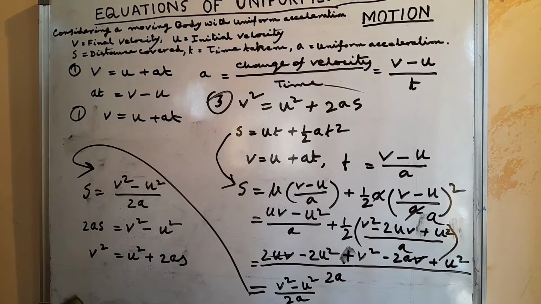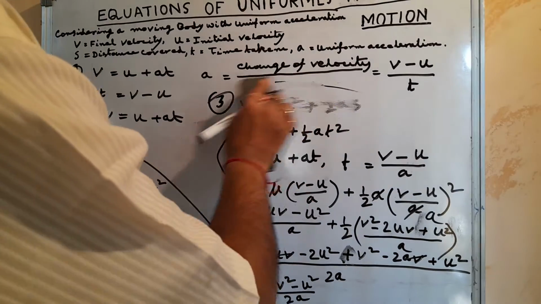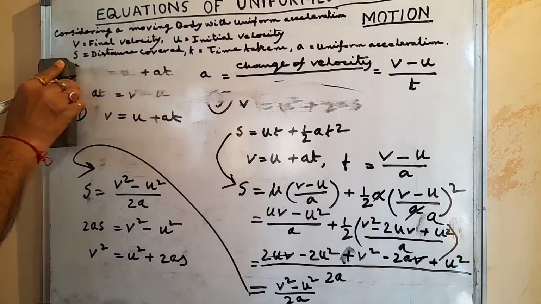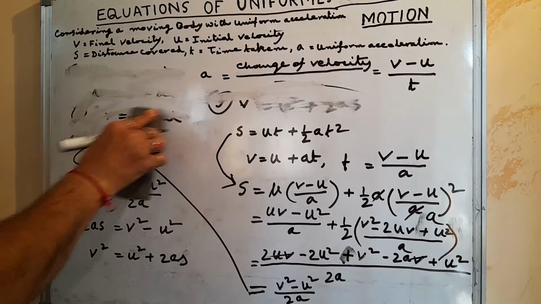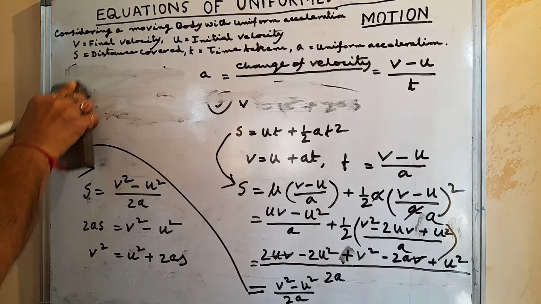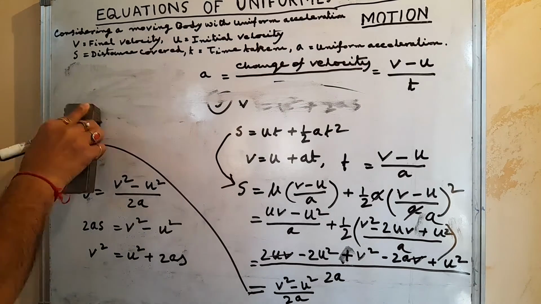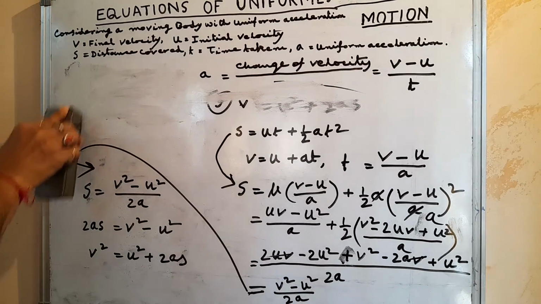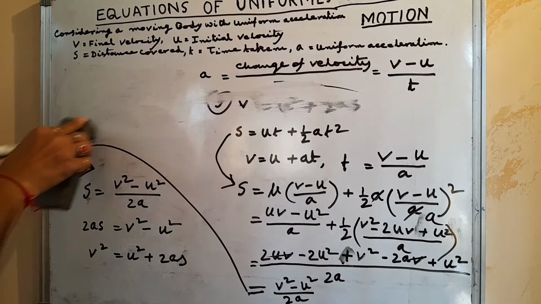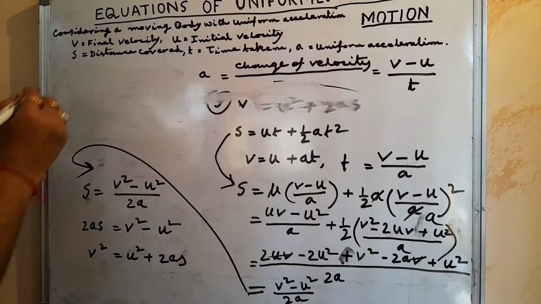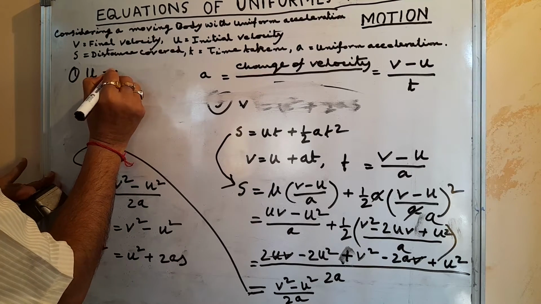Again we will try to understand from this equation. When a body starts from rest, then the initial velocity u equal to 0.